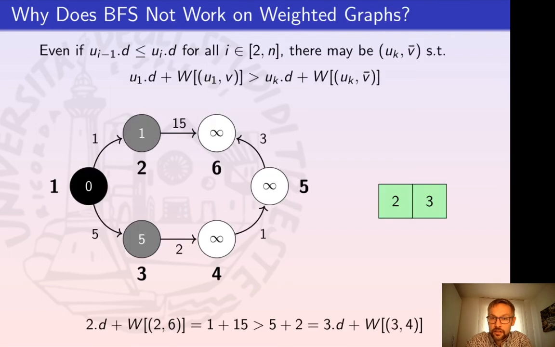I just showed you in this case: if we avoid the weights and apply BFS to this graph, we get an error, because we end up in a situation in which 6 is labeled as having a distance 16 from the source, which is not the case, because if I move along this lowest path, the distance along this path is 11.